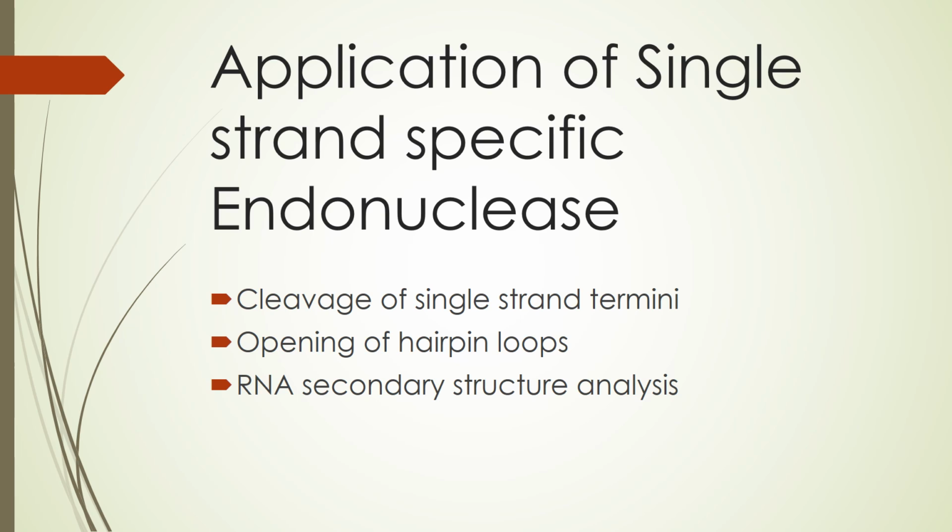Nuclease S1 has been instrumental in cleaving the hairpin loops to generate double-strand DNA suitable for subsequent ligation into the cloning vector. This method results in a low yield of cDNA and has the drawback of sometimes losing the critical information at the 5' end region of the starting RNA.